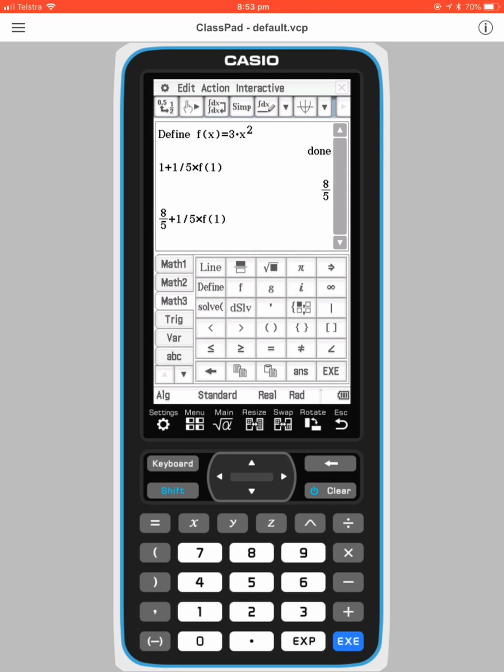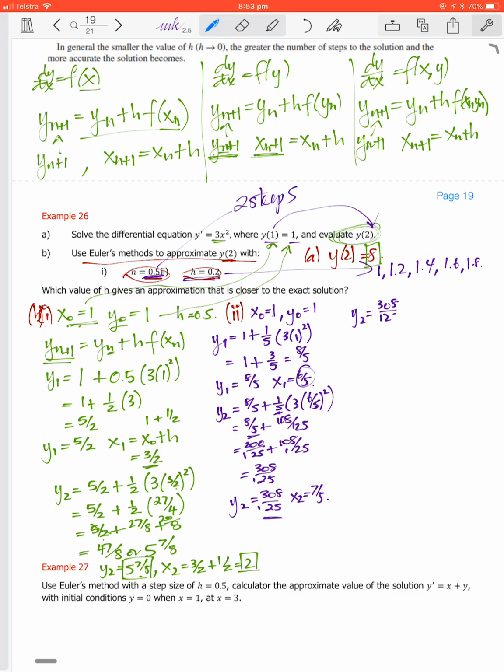Well, that's supposed to be a 1. So now I know y2 is 308 on 125, and x2 is 7 on 5.